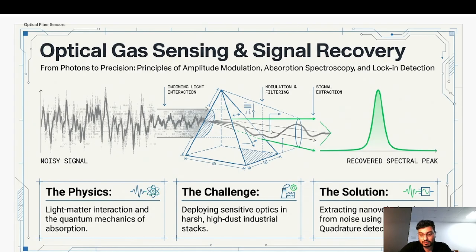The solution comes with non-destructive gas sensing methods. One of the best methods is optical gas sensing, where lock-in and quadrature detection can be useful.